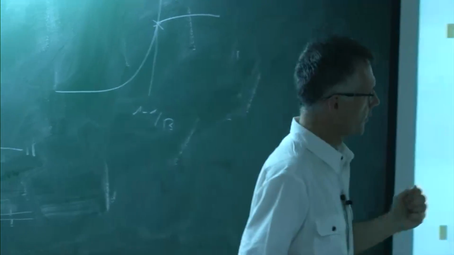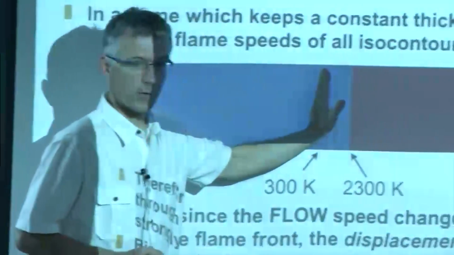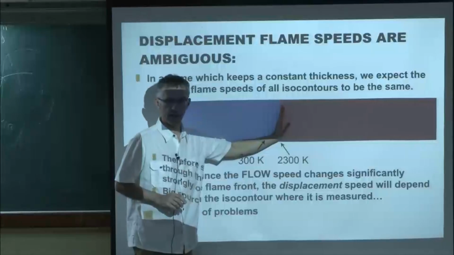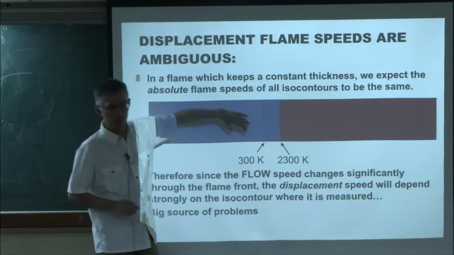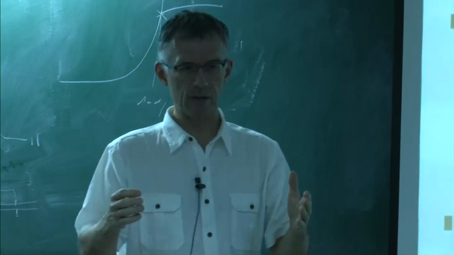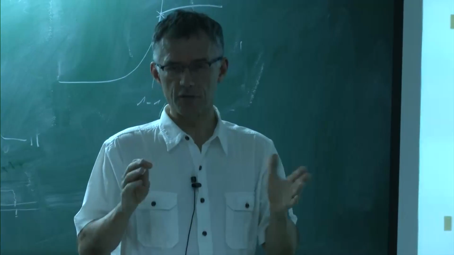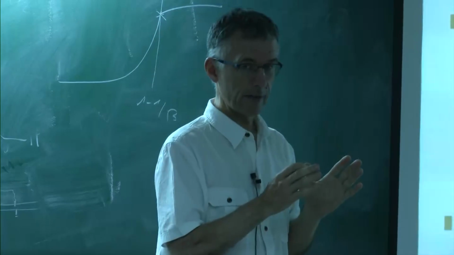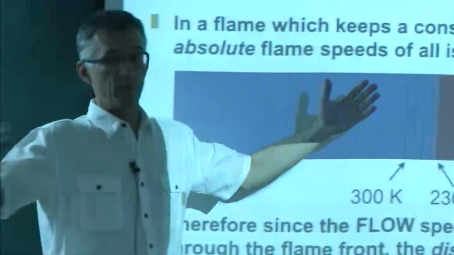Why? For example, the 400 K line and the 2000 K line must propagate at the same speed, because otherwise the flame thickness would change. So the absolute speed is a constant in most flames, right? Otherwise the flame thickness would change.